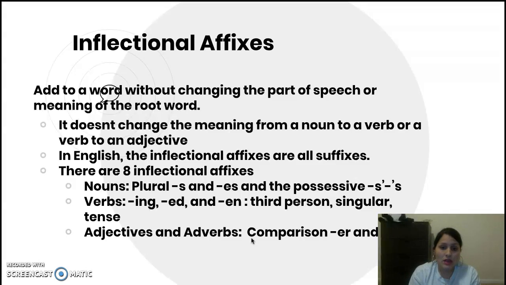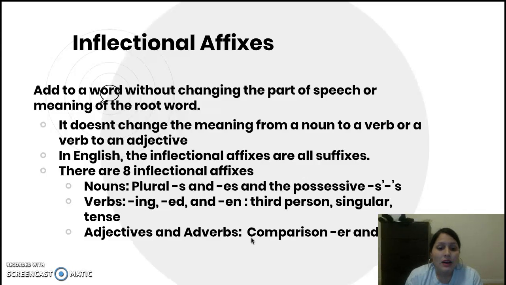In nouns, to make it plural, we put an S or an ES at the end. And if we want to make it possessive, we would put the S with the apostrophe. In verbs, we would add the suffix ing, the suffix ed, and the suffix en, which we all know means third person singular or the tense that it's in.